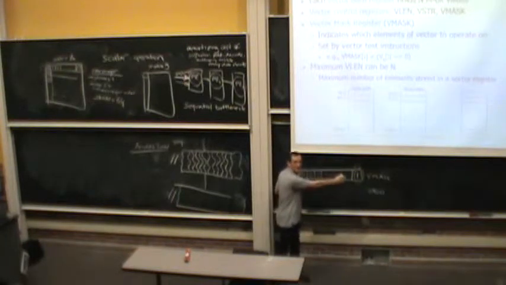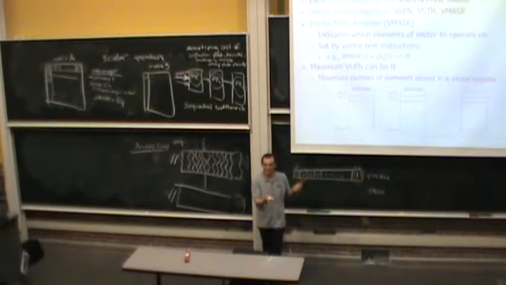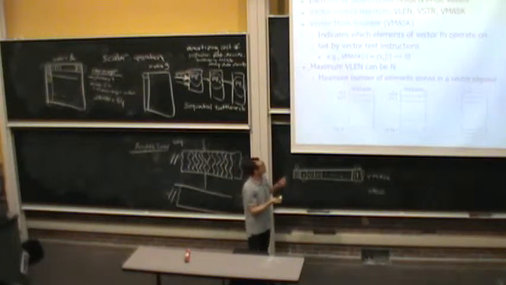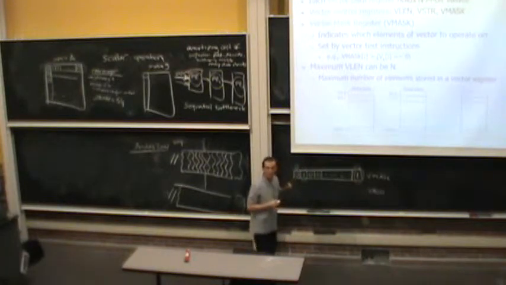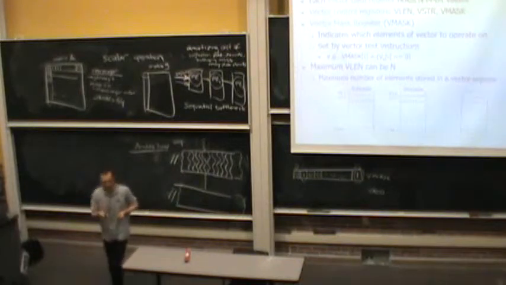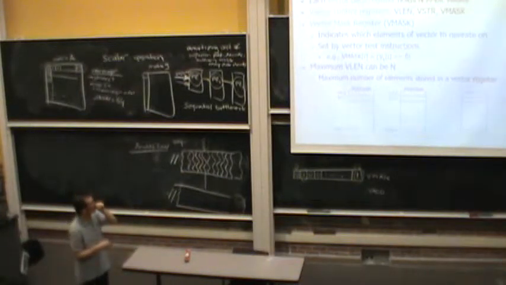For all the other elements, the vector add does nothing. In a sense, it's a predicated operation. Right? Does that make sense? So this way you can implement branching, and we'll see an example of the code on how to do this. So today's GPUs are actually very similar. The maximum vector length can be n. This is the maximum number of elements stored in a vector register.